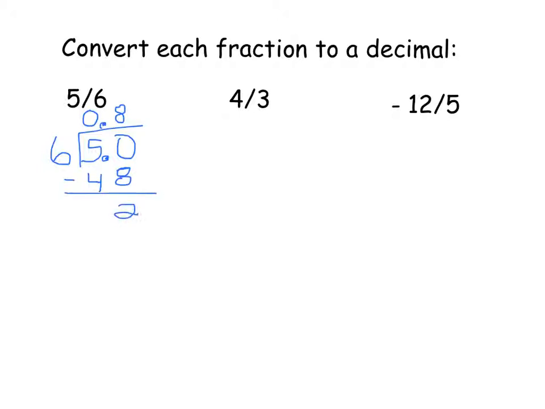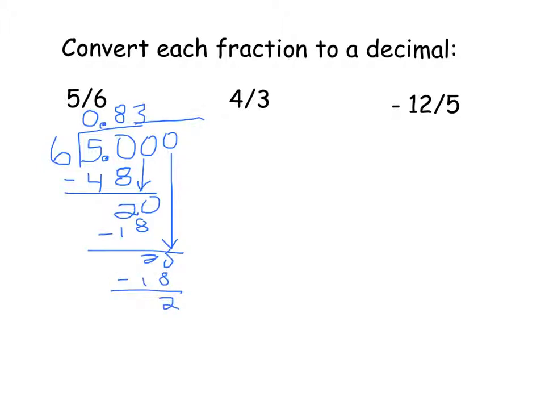Subtract to get a 2. Add another 0. Bring it down. 20. 6 goes into 20 3 times. Subtract. Bring it down. And we can see that now we're stuck in a pattern where we continue bringing down a 2 and a 0. And so 5/6 is the same thing as 0.83 repeating.